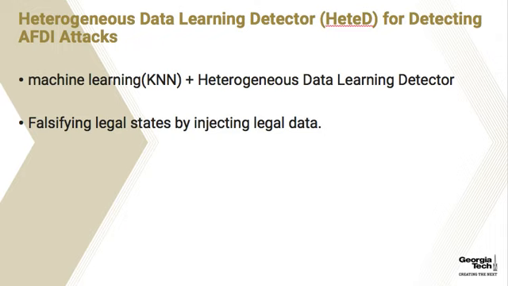The authors propose an approach that utilizes the popular machine learning technique called k-nearest neighbor and use this in combination with heterogeneous data to prevent these attacks. The proposed method will cover attacks that go undetected for a long period of time and falsifying legal states by injecting legal data into the normal system to cause automatic and long-term harm.